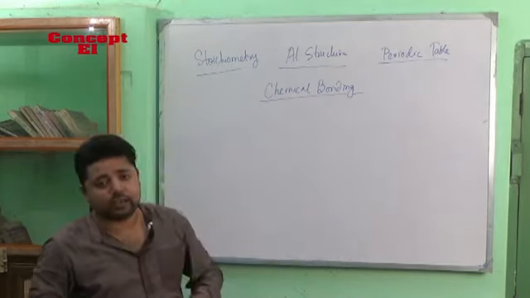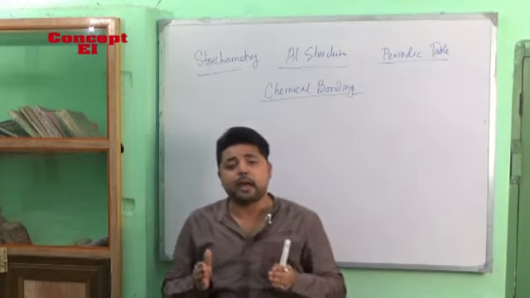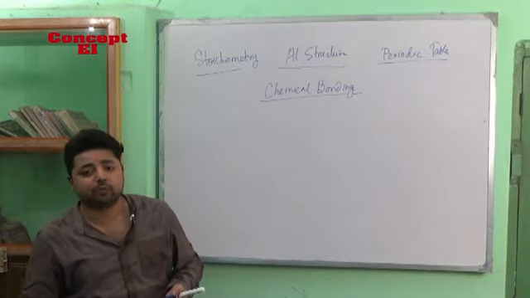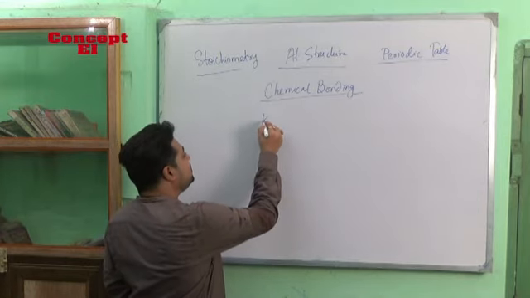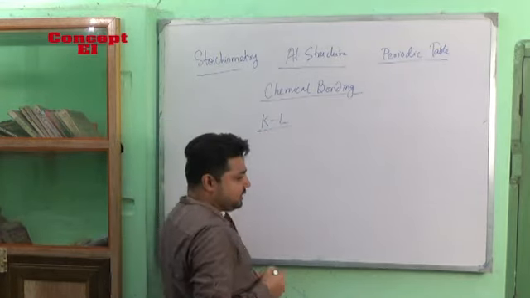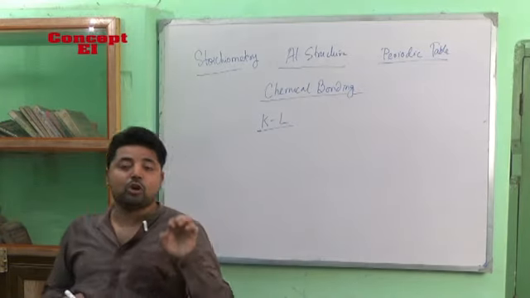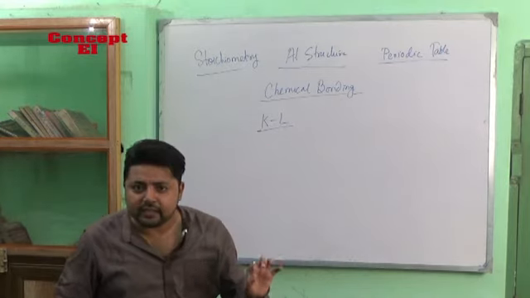So what type of bonding are we expecting? We are doing some approaches here. We have got some approaches from the scientists. The first approach was by Lewis. This approach was the most important approach of the chemical bonding era. Why?